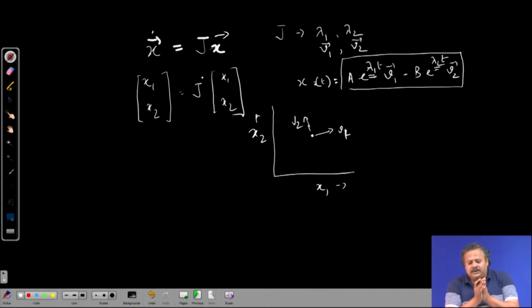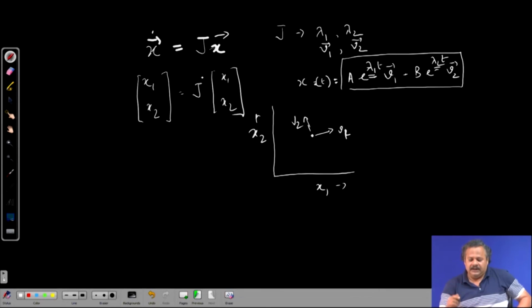What this equation is showing is that very close by, the system will move along the eigenvector v 1 and will have an exponential trajectory e to the power lambda 1 t, and at the same time it will move along the eigenvector v 2, exponentially with e to the power lambda 2 t as the function.